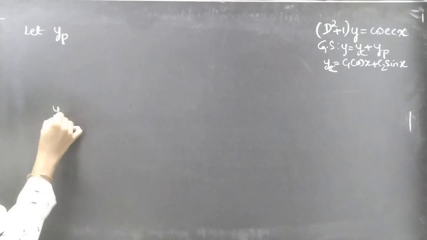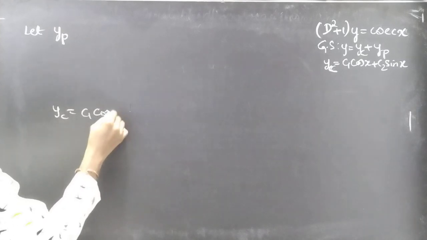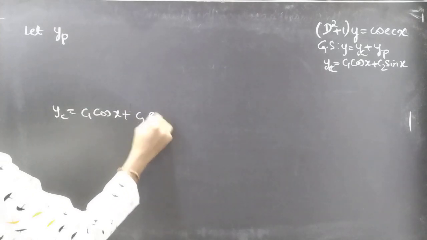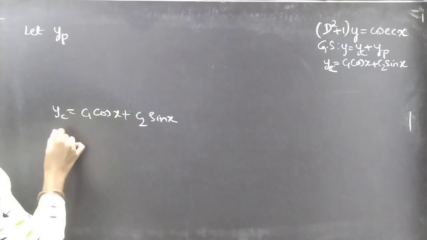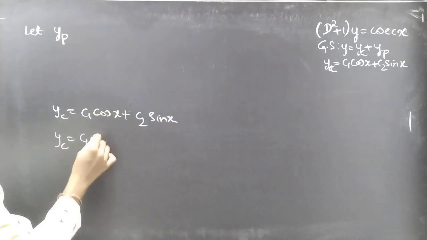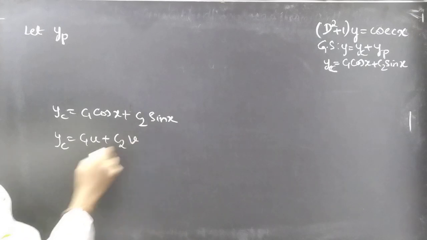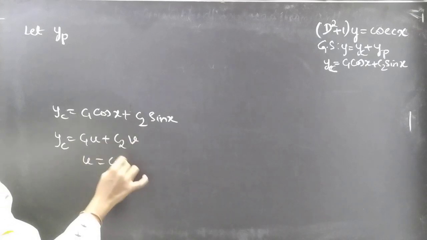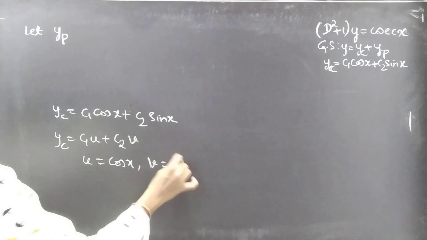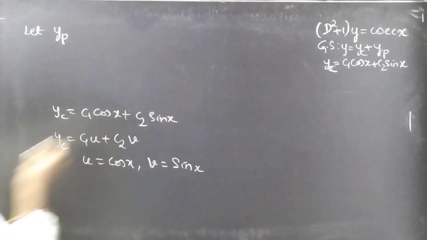So we have yc equals c1 cos x plus c2 sin x, right? Just compare it with yc equals c1 u plus c2 v, then u equal to cos x, which is a function of x, and v equal to sin x.